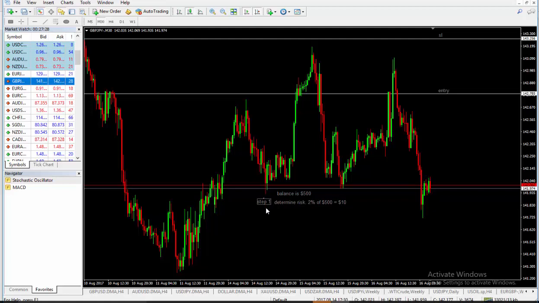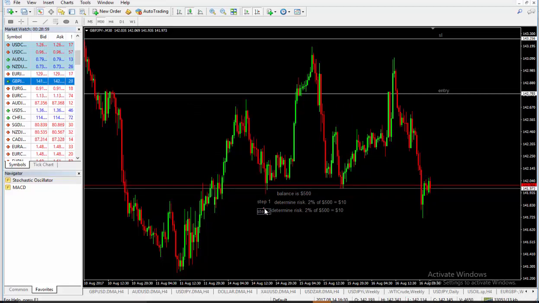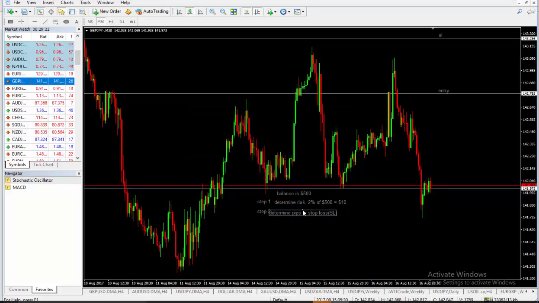Step 2: pips to stop loss. Right, guys? Determining our pips to stop loss, it's that simple.